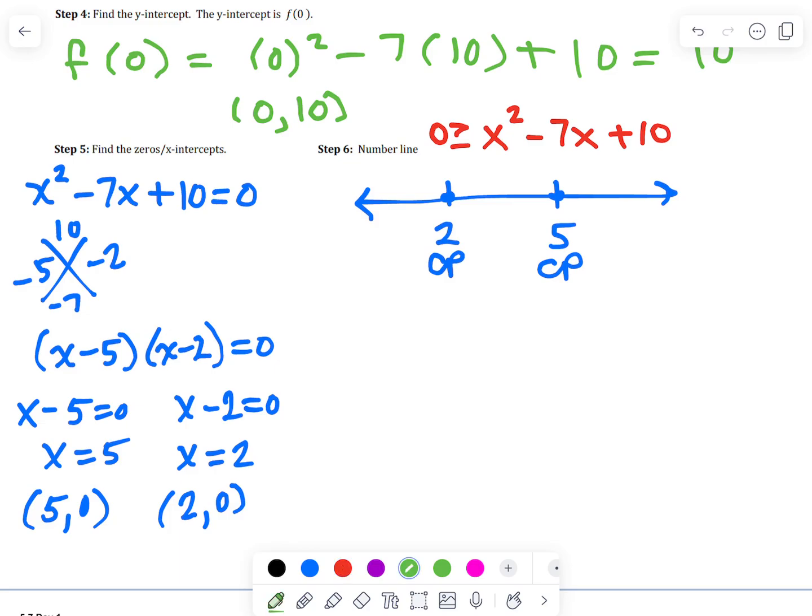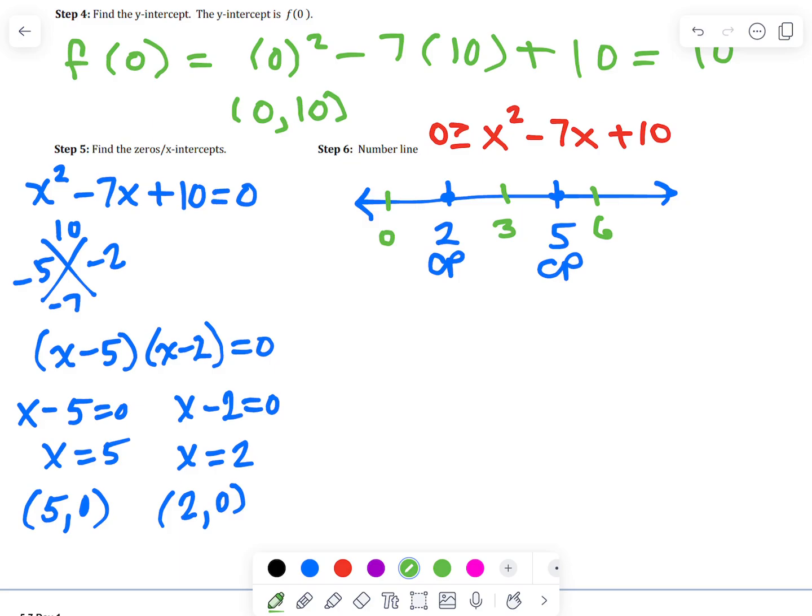I'm going to choose the number 0 to the left of 2, the number 3 between 2 and 5, and the number 6 to the right of 5. We're trying to find out when it is true and when it is false, and we shade the region when it's true.